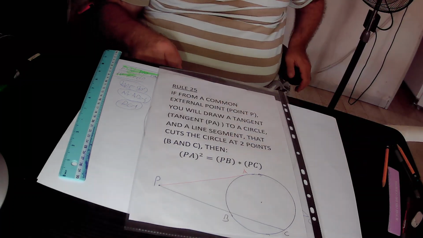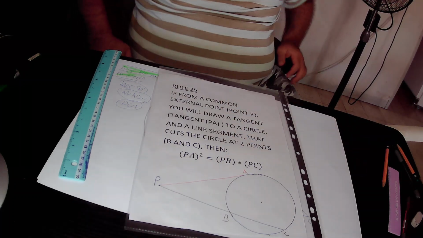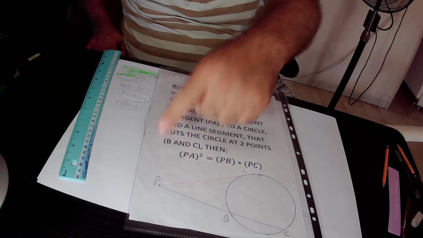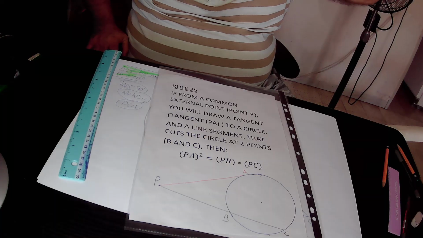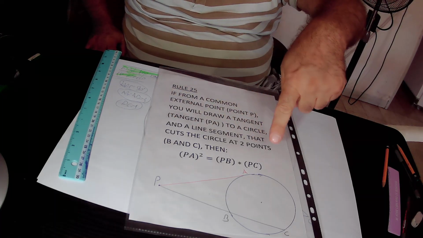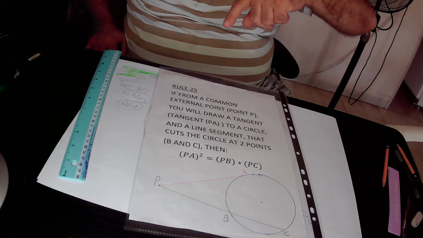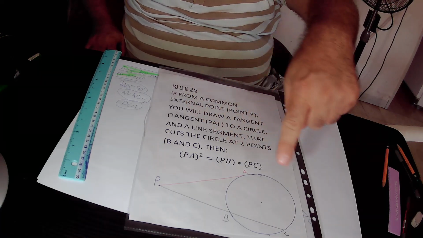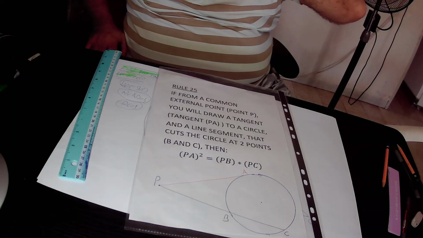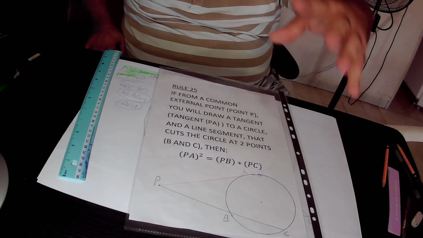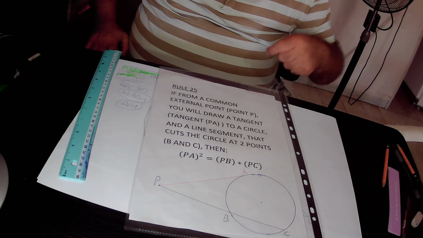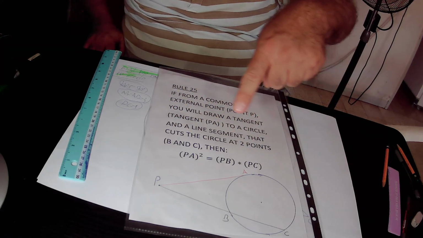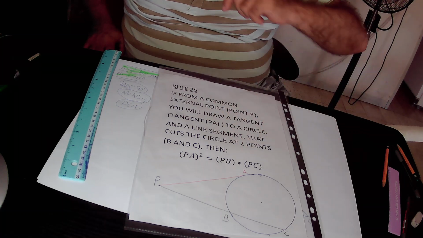According to rule 25, if from a common external point P, you draw tangent PA, that is tangent to this circle at point A, and also we have a secant PC that cuts the circle at 2 points, B and C, then the following equation is true: PA squared equals PB times PC. Again, PA squared equals PB times PC.